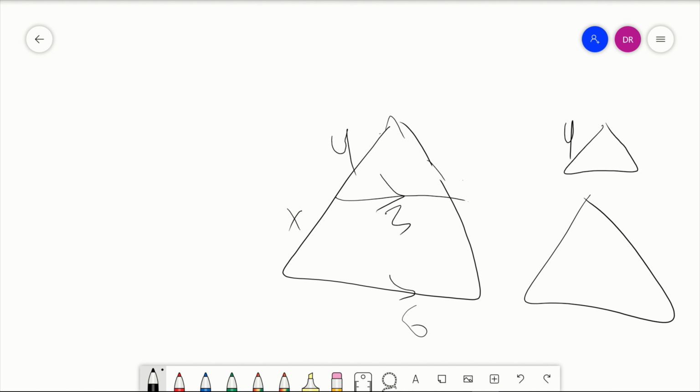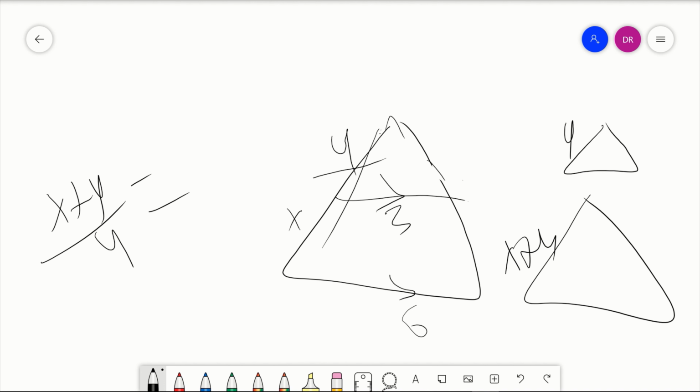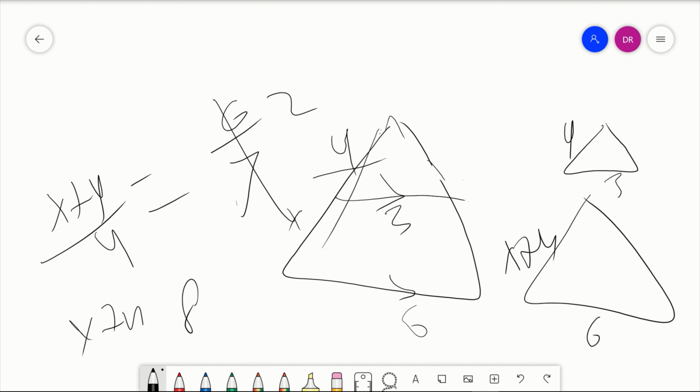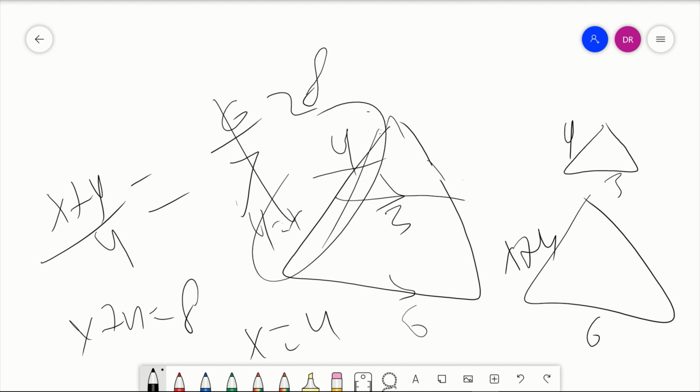So this side is 4, and this side is x plus 4 because it's the whole thing. So x plus 4 over 4 is equal to 6 over 3, which is 2. 2 times 4 is 8. x plus 4 is equal to 8, and then x is equal to 4. So x is 4, and the whole length is 8. Pretty simple, right?